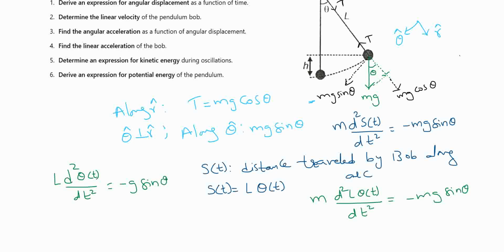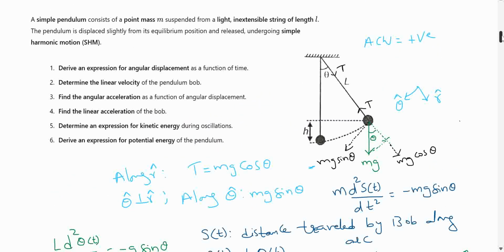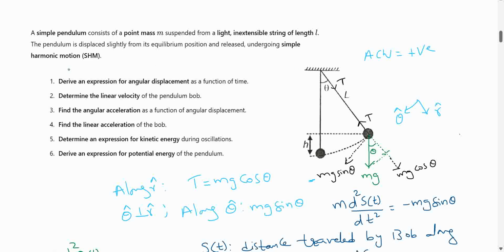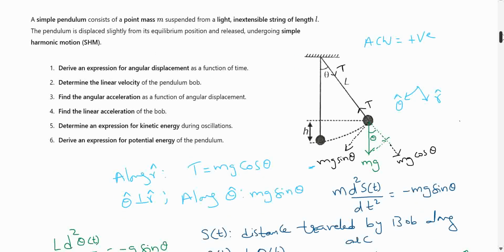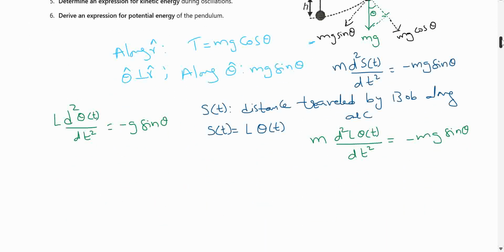Here in the question it is mentioned that it is simple harmonic motion. For simple harmonic motion, theta has to be small, less than 10 degrees to satisfy the condition.